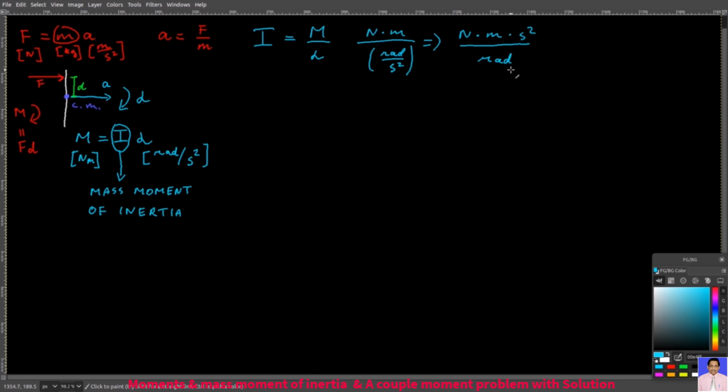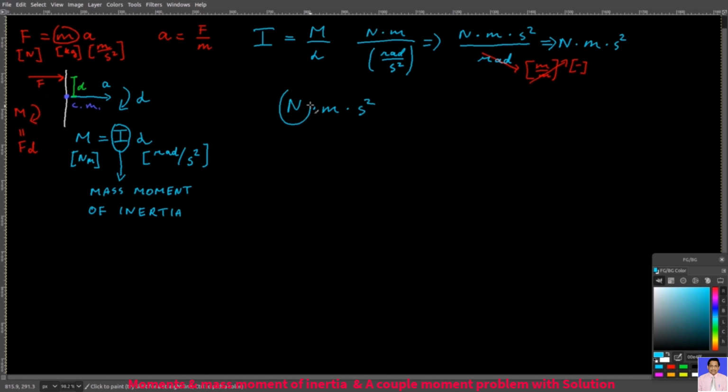I can rewrite it like this, but remember, radians is actually meters over meters, so it's dimensionless. And so that means that you have newtons times meters times second squared.